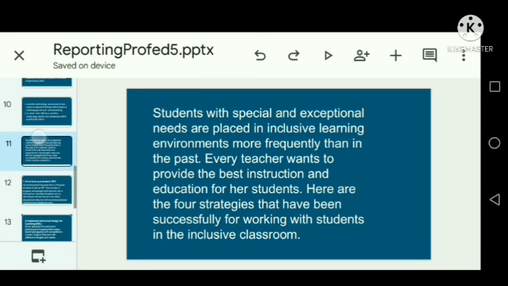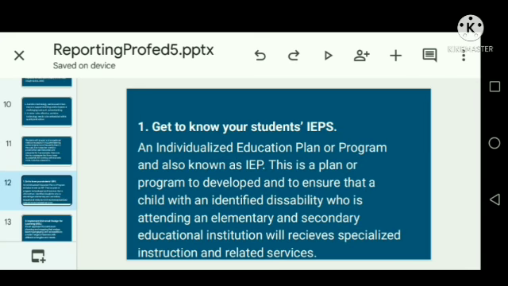So let's start. Number one is to get to know your students' IEPs. IEP is an Individualized Education Plan or Program, right?